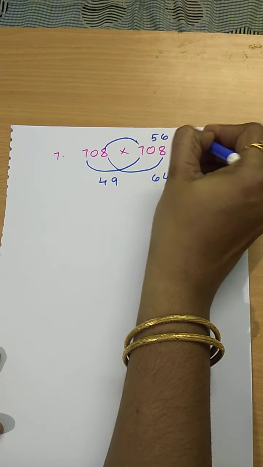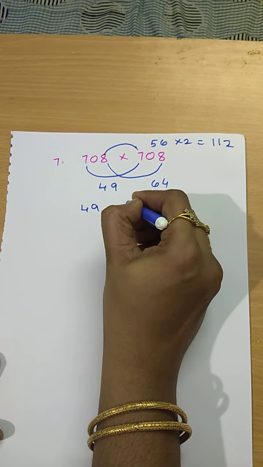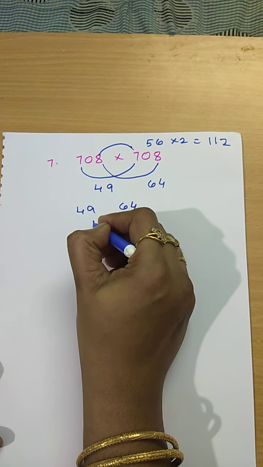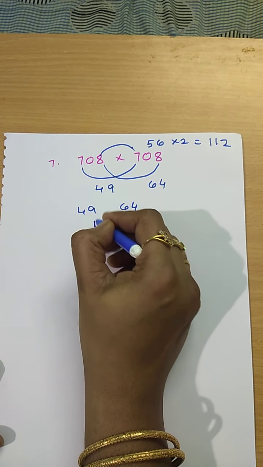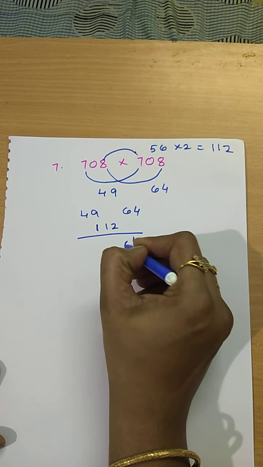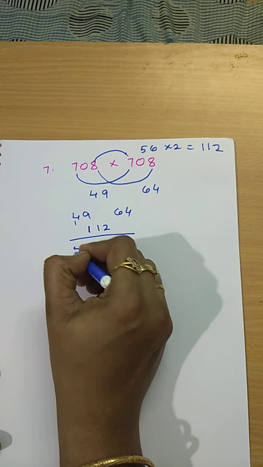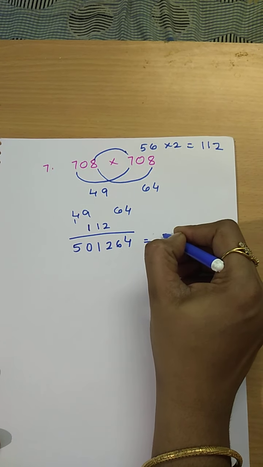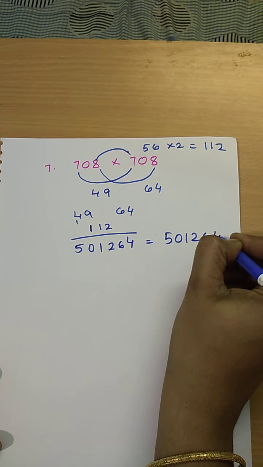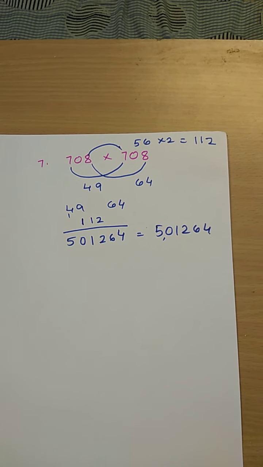So write first 7 into 7, 49, then 8 into 8, 64. In between only two values should come, that's why we write one value down to the 9. After that 1, 2. So the answer will be 501,264.